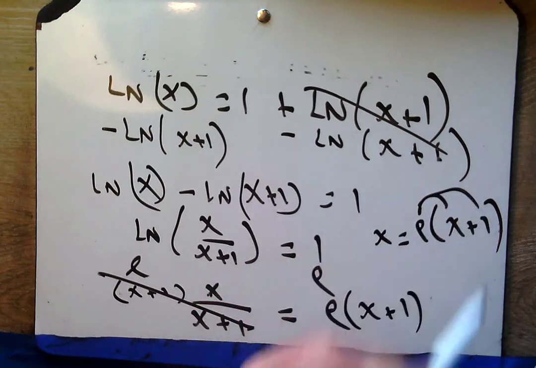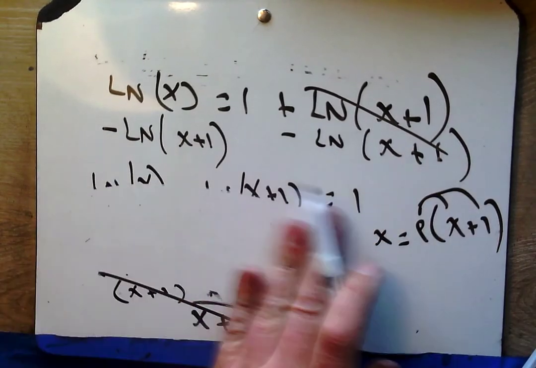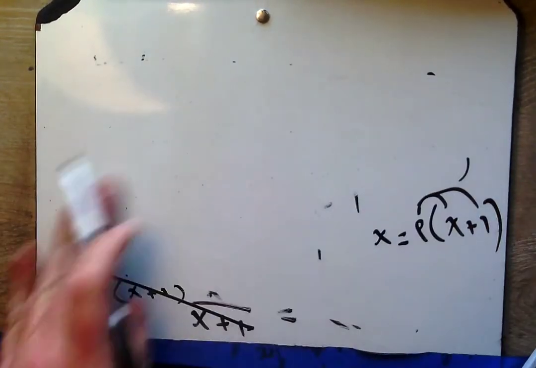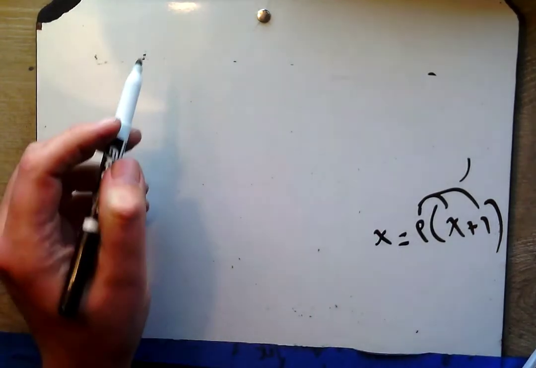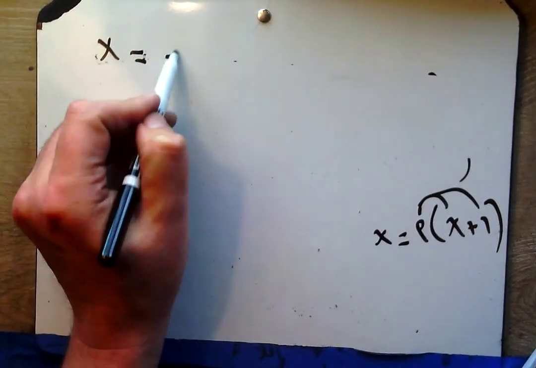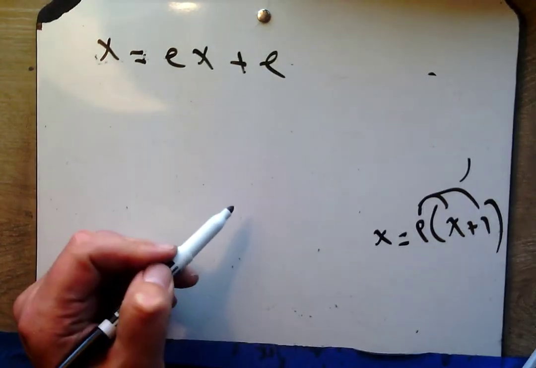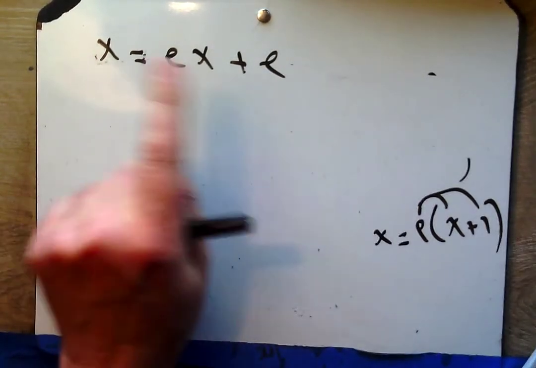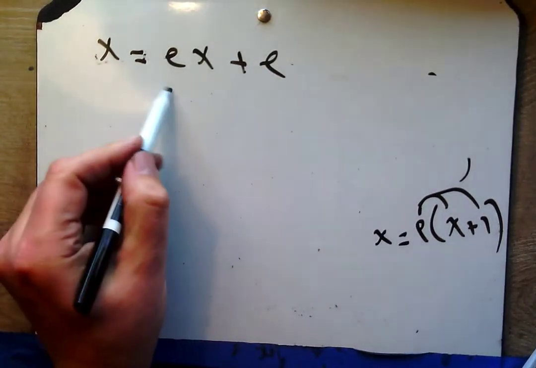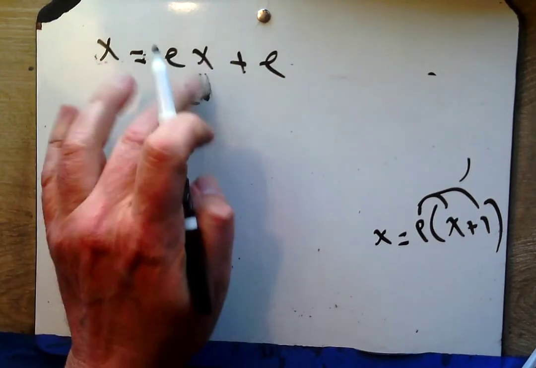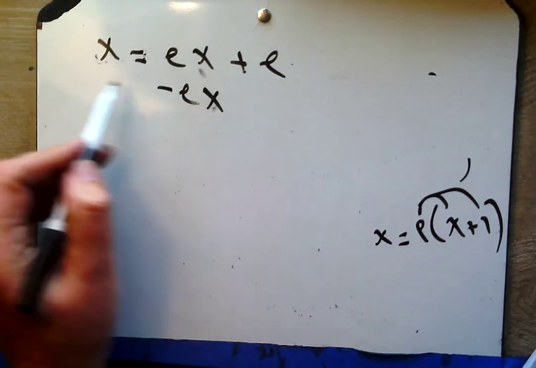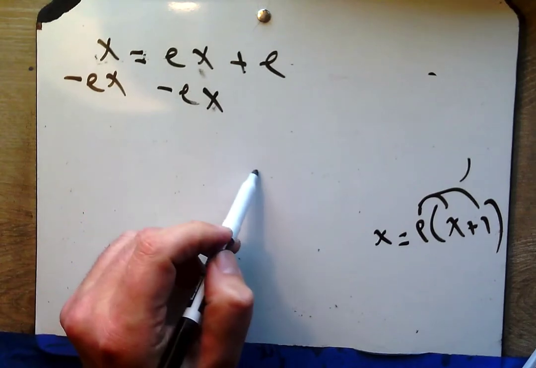I would distribute. I really would distribute there. And so I erase the original problem, and that's sad me. I get x equals ex plus e. Now, I don't see any degrees bigger than 1 here, which means I got to move the x's. This is not e to the x, it's e times x, to one side.